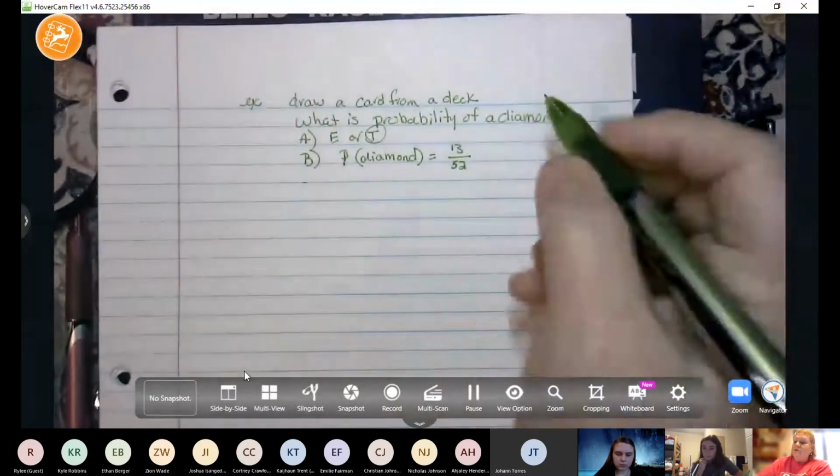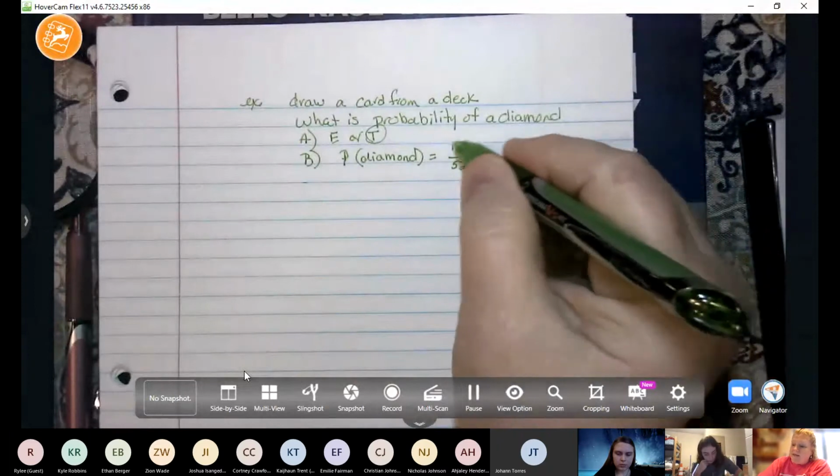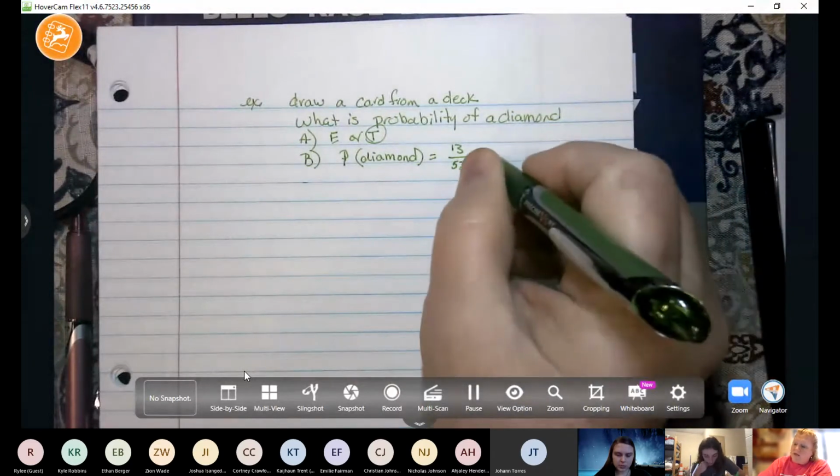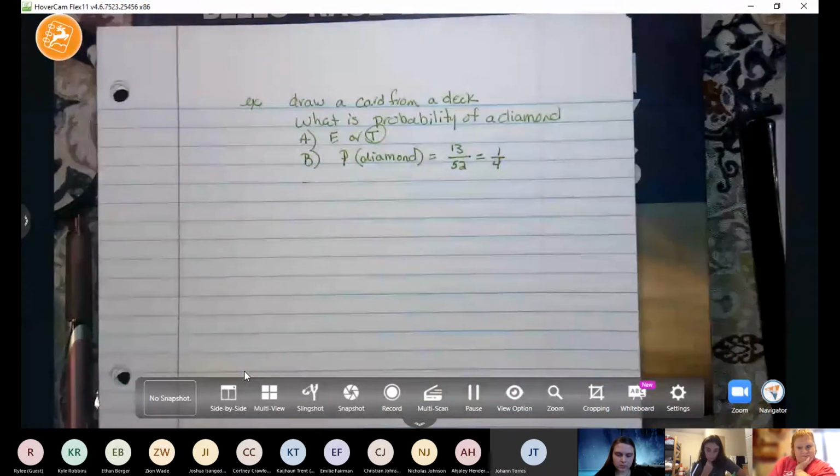So the theoretical probability is 13 being diamonds out of the 52 cards, which is going to reduce to 1/4 for the probability. So I hope that helps in the difference between empirical versus theoretical probability.